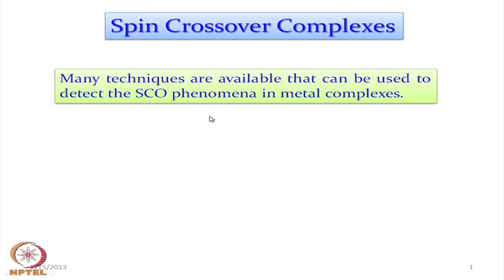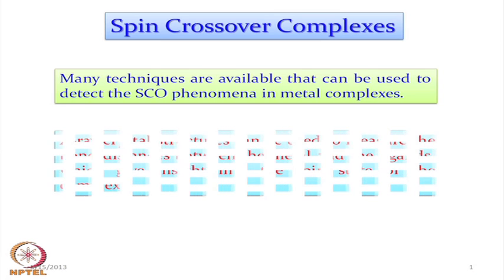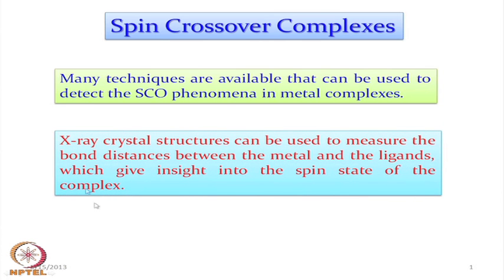For a complex which we designate as the high spin, as well as for the complex which we designate as the low spin, how can we detect this nicely using some of the physical techniques? And one such technique is definitely the crystal structure determination.